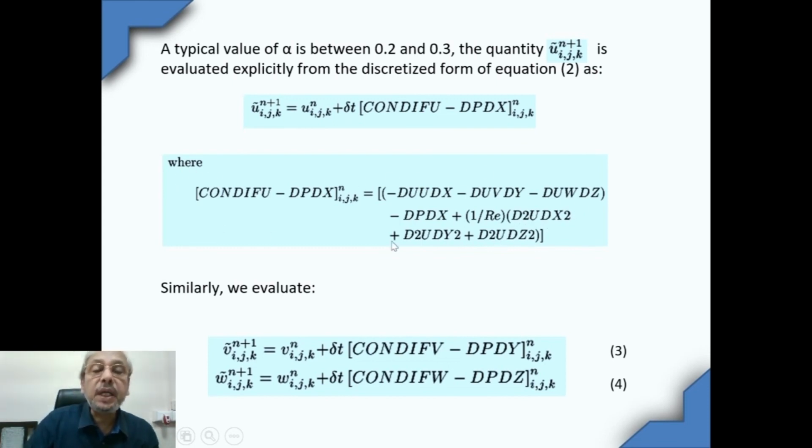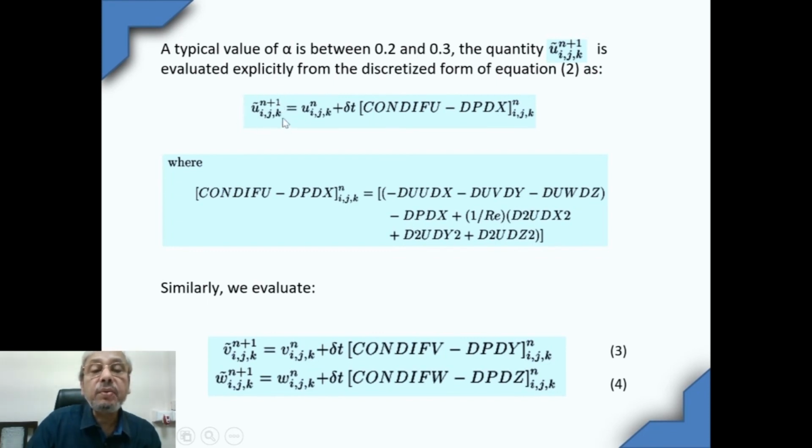This way, if we calculate condiff u minus dp dx at the nth level at the point ijk, and add it to the u velocity at the nth level after multiplying by the time step, we will get the provisionally advanced value of uijk at the level n plus 1.